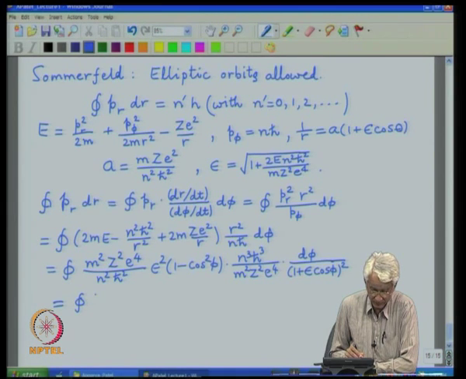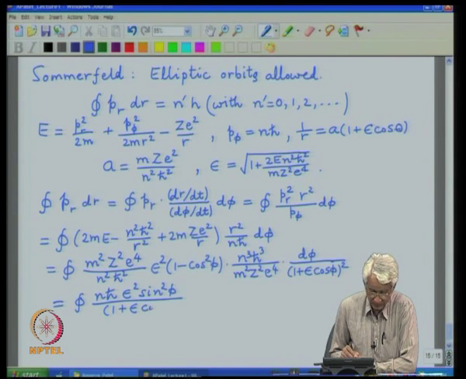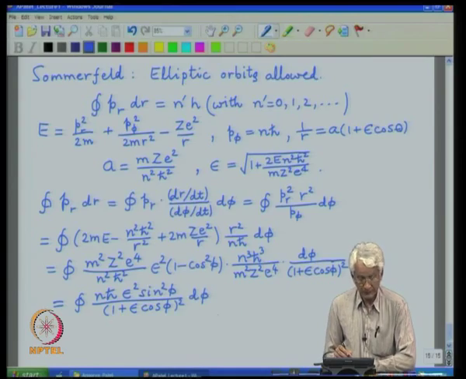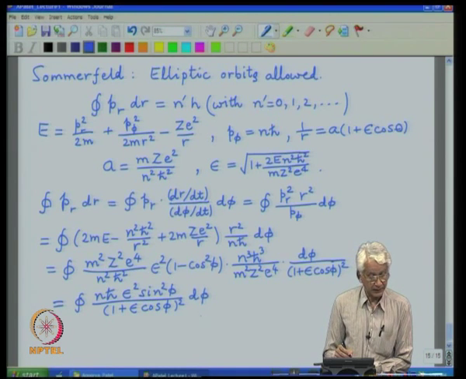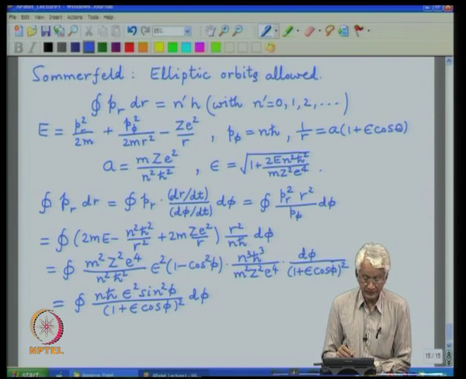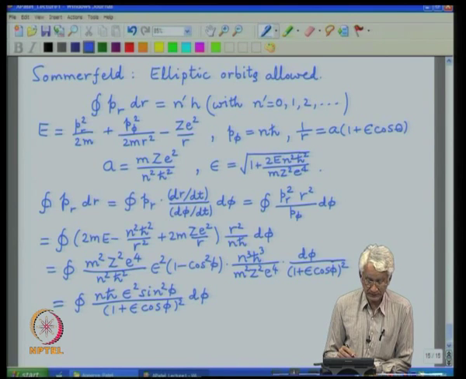And after all simplification, we have a simple trigonometric integral, and the periodicity of this integral is just the angle phi going from 0 to 2 pi.